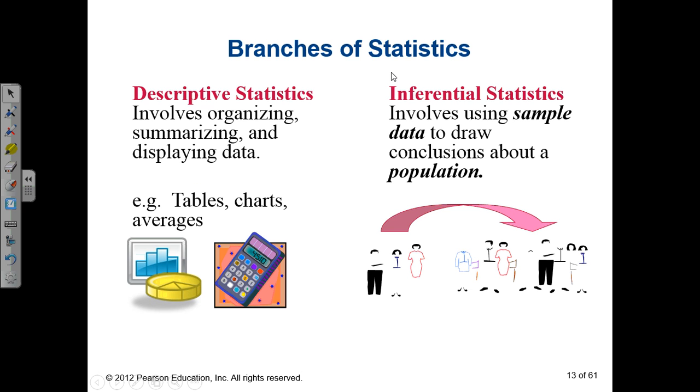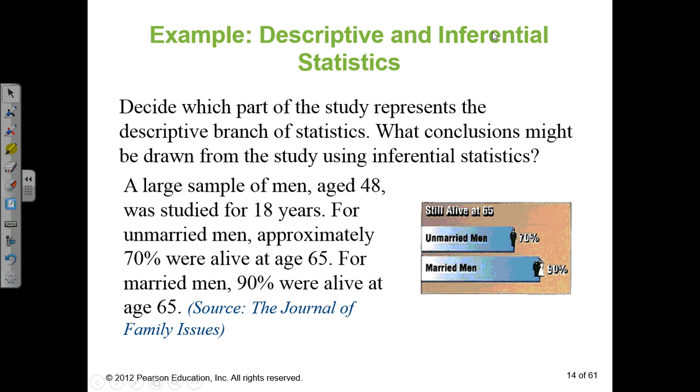Inferential statistics uses the sample data, but it's really about drawing conclusions, or in other words, making inferences about a population. So here we have a sample, a study that was done, and part of it is from the branch of descriptive statistics and part of it is from the branch of inferential statistics.